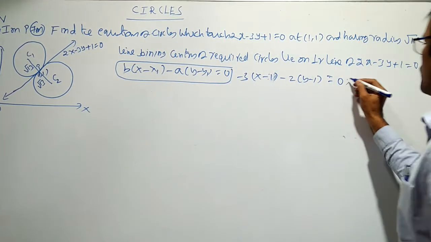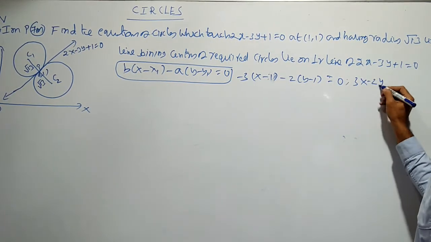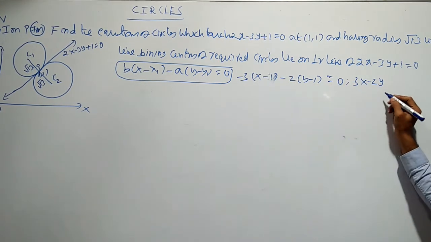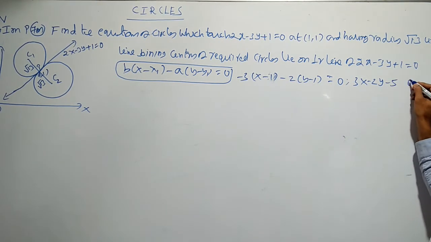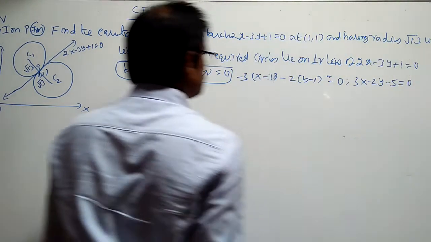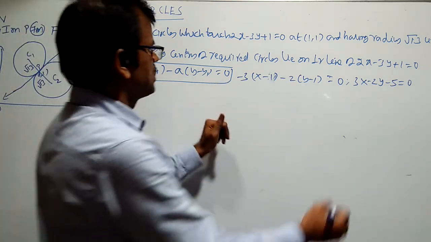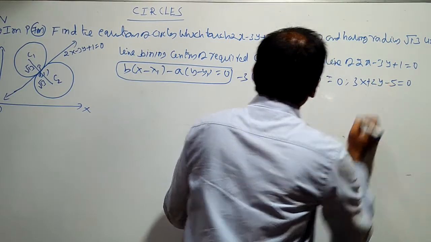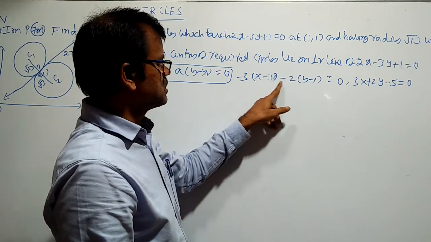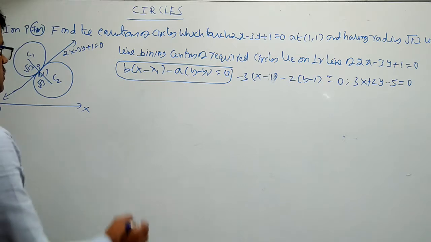Now multiply both sides with minus and you will be getting 3x minus 3 plus 2y minus 2. Students, because we multiplied with minus, it becomes plus. We can write 3x plus 2y minus 5 is equal to 0.